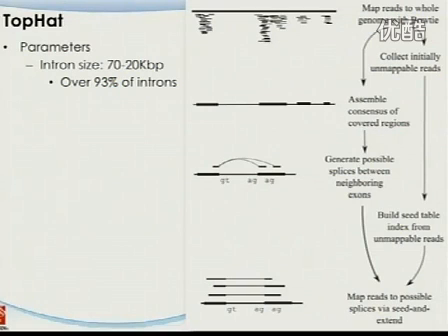Basically, you want to see which regions are enriched with your reads, and those are potentially the exon regions, because we already observed so many different small fragments there. And next you want to generate possible splice sites between neighboring exons. And this is one example. So you see, this is one border, this is another border.